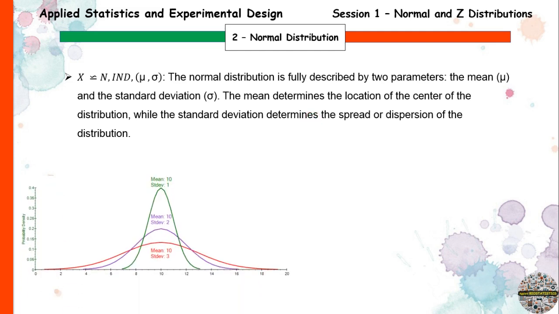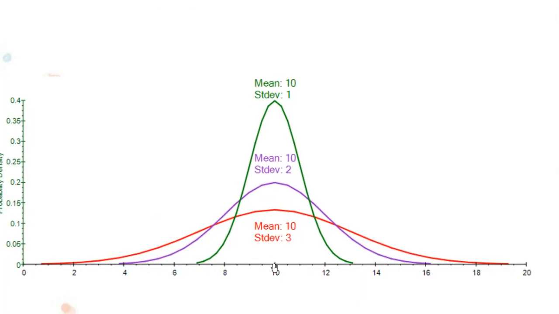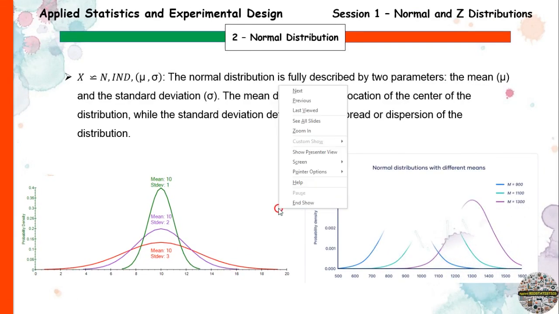For example, if you look at these distributions, they all share a mean, which is 10 right here, but they have different standard deviations. For example, the green one has standard deviation 1, this one is 2, and this one is 3, and of course it covers a longer and more varied distribution here.